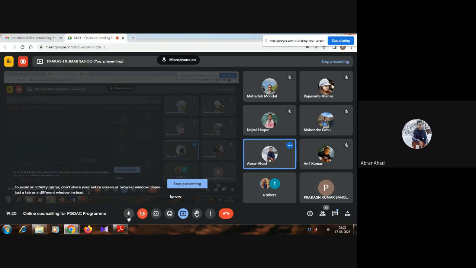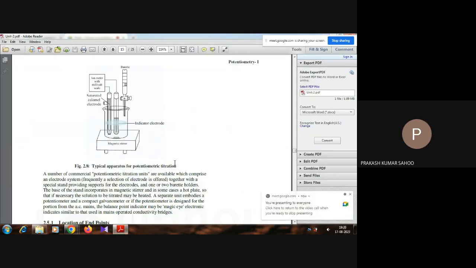Yeah. So we have the next part, that is the potentiometric titration. Here the reference electrode is the calomel electrode, and we have one burette which we use for addition of the titrant.